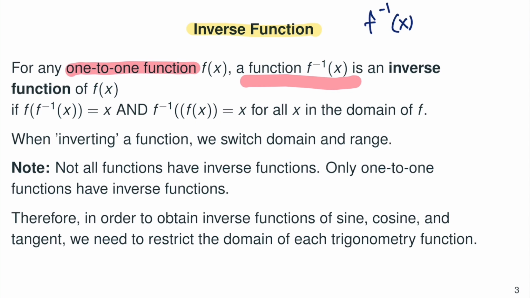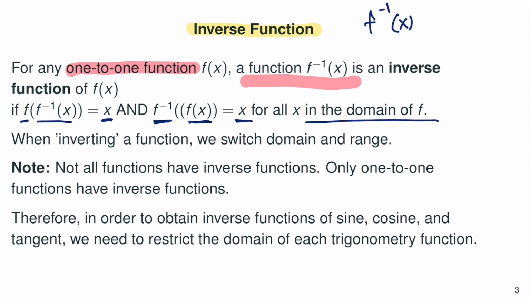This is different from a numerical exponent. This is a special notation for the inverse function. The definition is that if I compose f of f inverse, it simplifies to x, or if I do f inverse of f of x, I get x for all x in the domain of f. So that's the formal definition.